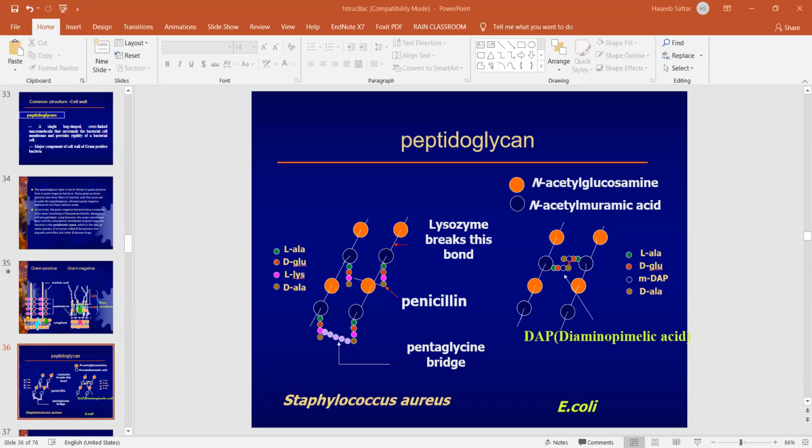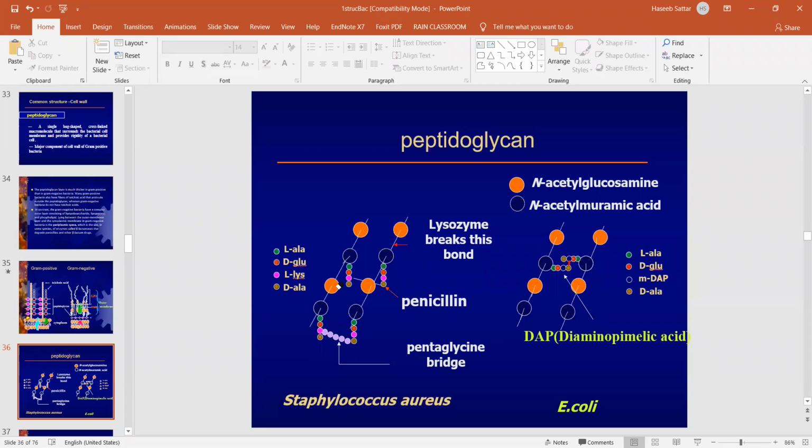So the cross linkage is very important. The cross linkage is between this D-alanine and any other peptide or amino acid of the second chain.